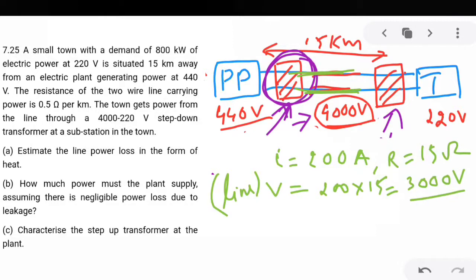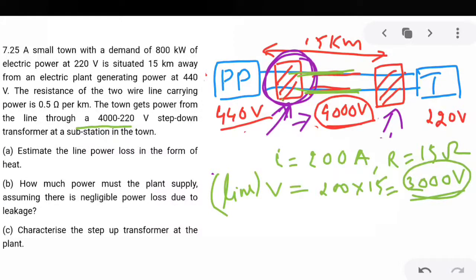Now it is given in the question that the town gets power from the line through a 4000 to 220 volt step down transformer. So that means 3000 volt is getting dropped across the transmission line.